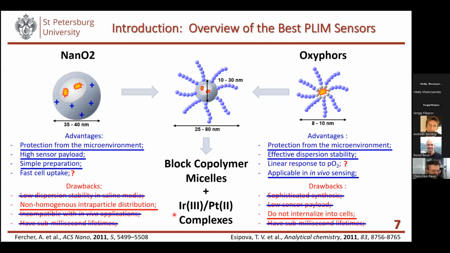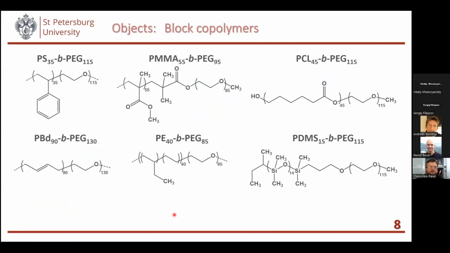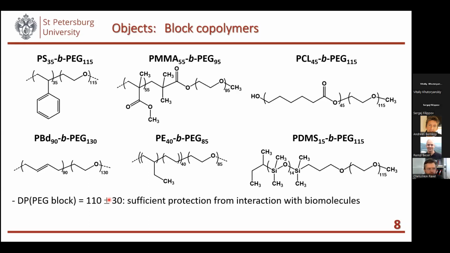And now we're switching to the design of our experiment. We've purchased several commercial block copolymers. All of them have a polyethylene glycol block ranging from 90 to 130 units per block.